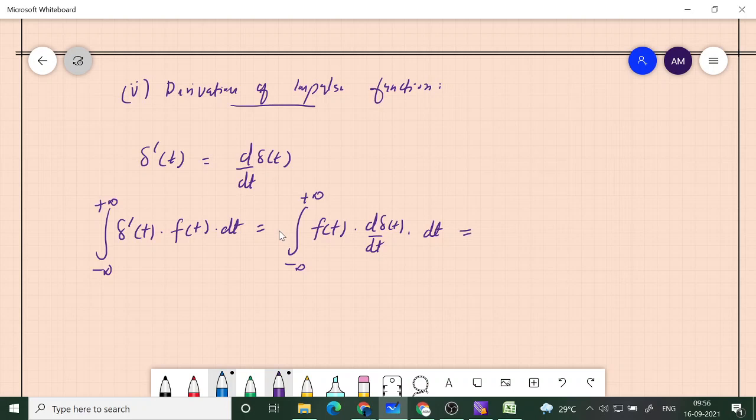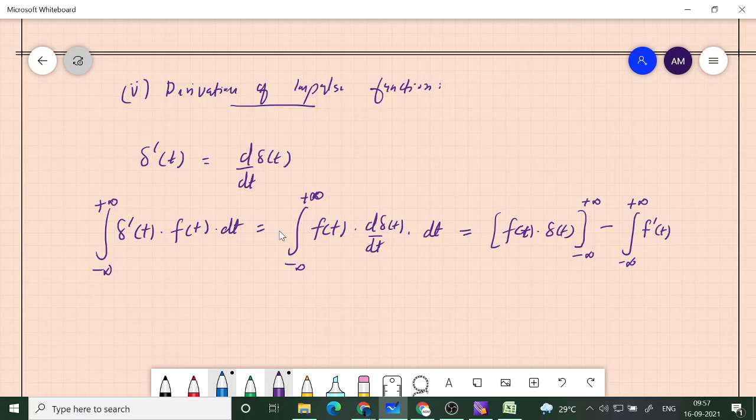Now you can use integration by parts: first function into the integral of the second function, f of t into the integral of the second function, which is delta of t, and then apply the limit from minus infinity to plus infinity, minus the integral, again with limits from minus infinity to plus infinity, of the derivative of the first function, that is f dash of t.